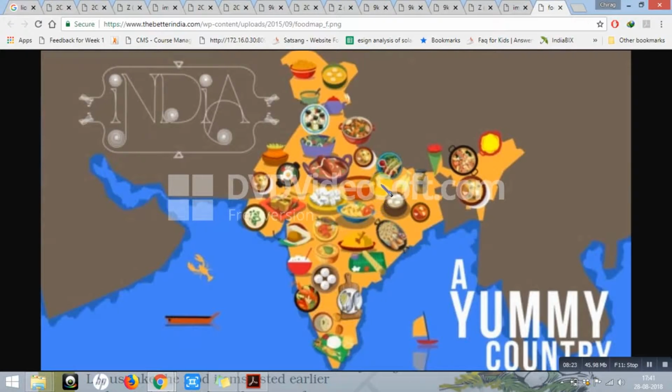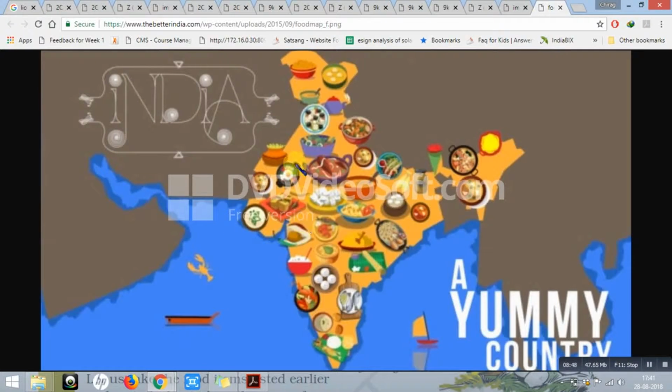If you go further up, here in the center part of India, you will find wheat and bajra, jowar, other types of grains. Here in the hilly area you will find most of the fruits. Fruits are very common for cultivation.